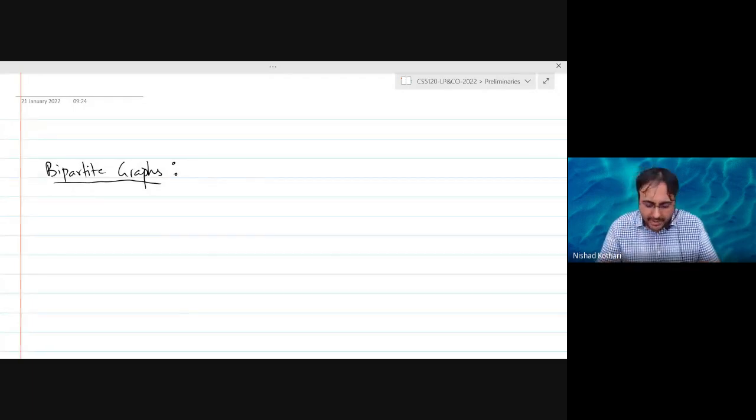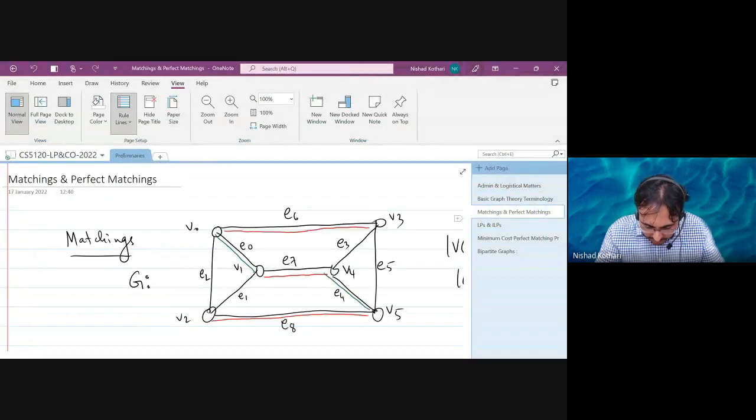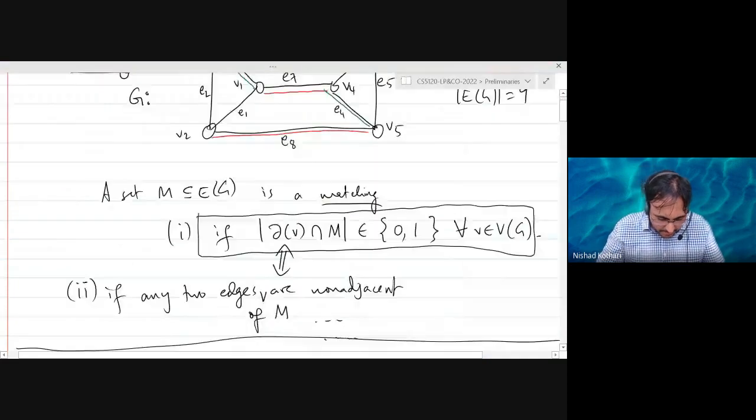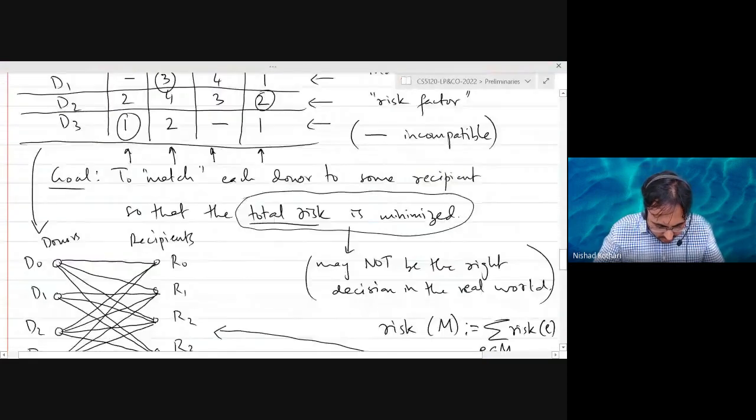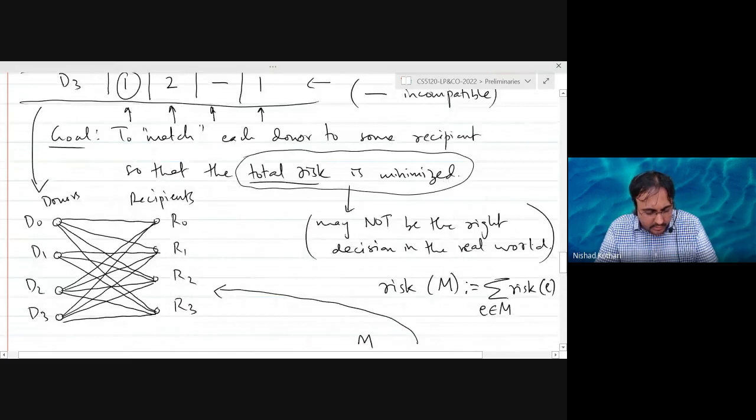Okay, so let's go back to the organ donor problem, because we have already seen bipartite graphs over there. Here we had the organ donation problem, and we had some donors and recipients. And what we did is we constructed a graph from this. We put the donors on the left side and the recipients on the right side.